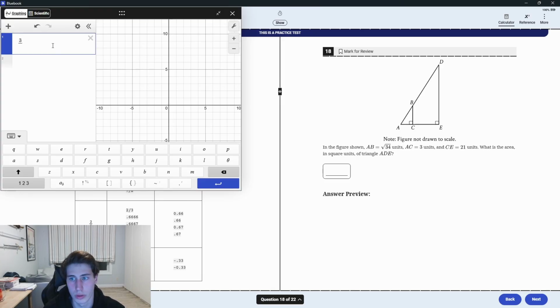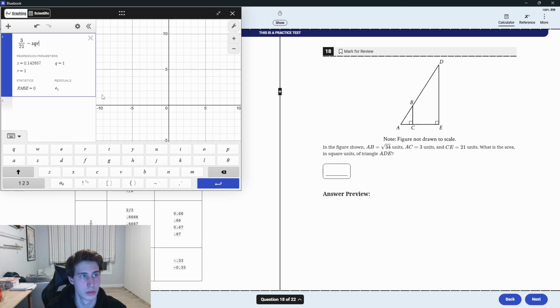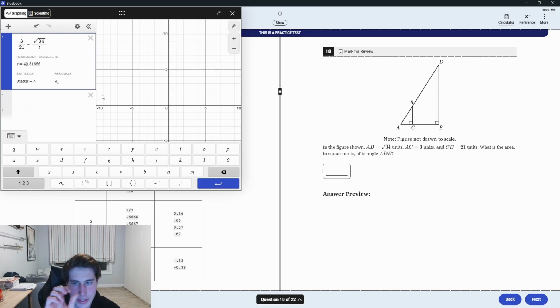So 3 over 21, CE we know is 21 units, and we know AB is root 34, so it's root 34 over T. So pretty much this is saying AC over CE is as AB to BD, if that makes any sense. So in this case, we're finding out that the length of BD is 40.81666.